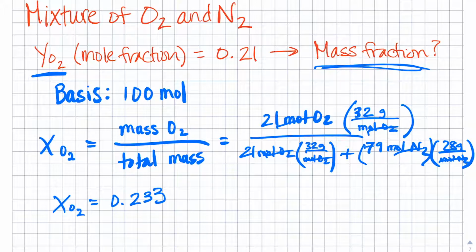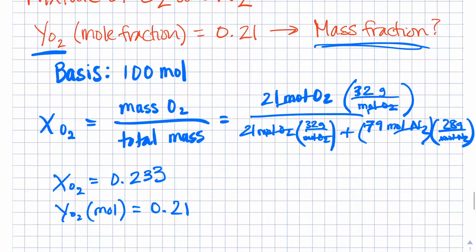Now notice how the mole fraction of O2, and I'll do this just for comparison, was smaller than the mass fraction. That's because oxygen in that mixture actually weighs more, it has more mass than nitrogen does, and so we expect it to have a higher mass fraction as opposed to a mole fraction.